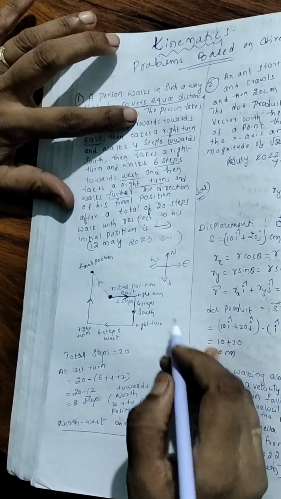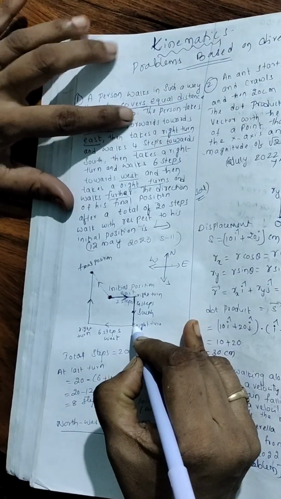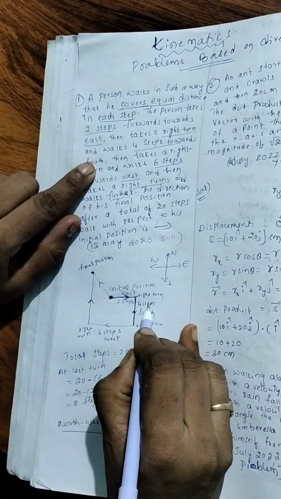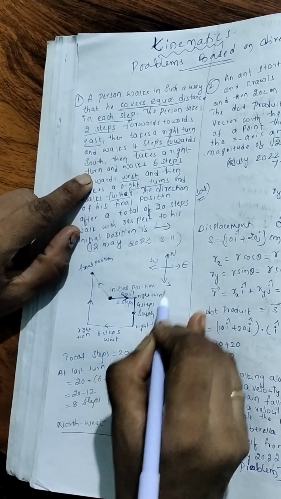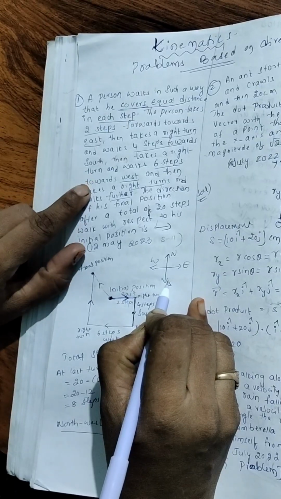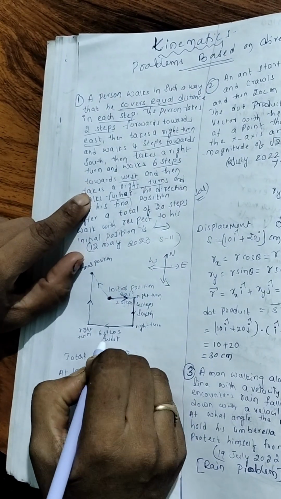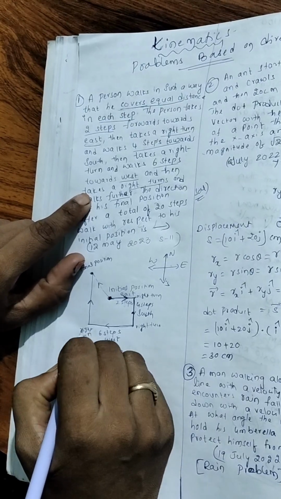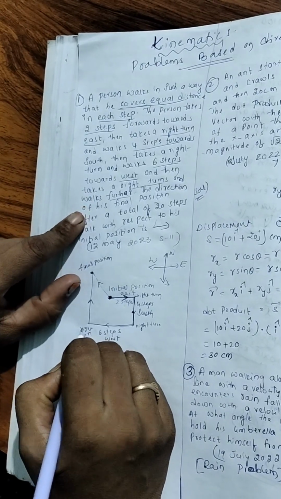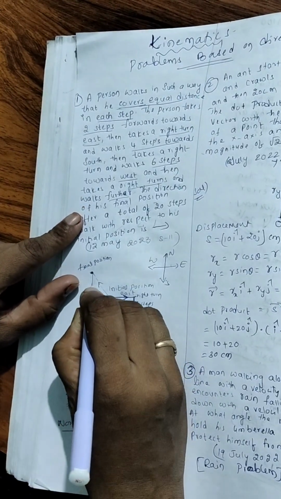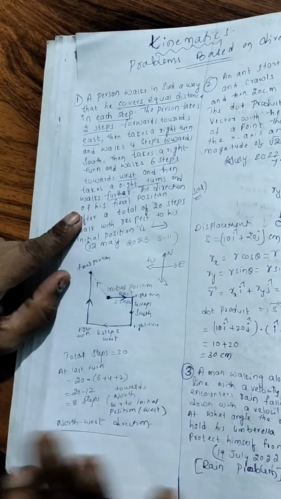Then a right turn, and he walks four steps towards the south. This is the south direction. Then again he takes a right turn and walks six steps towards the west. And again he takes a right turn and walks further.